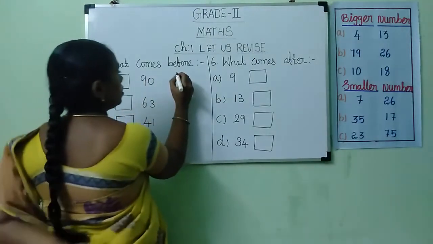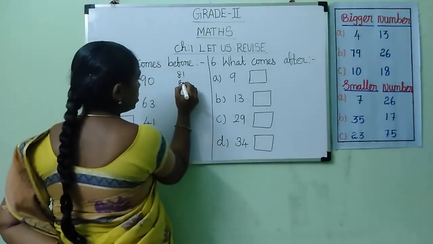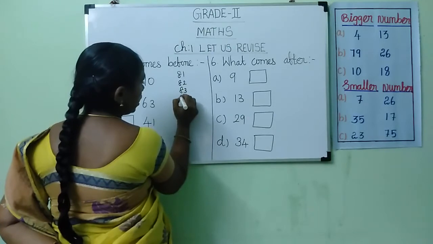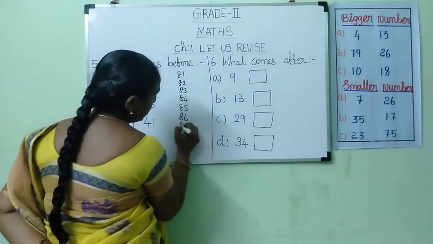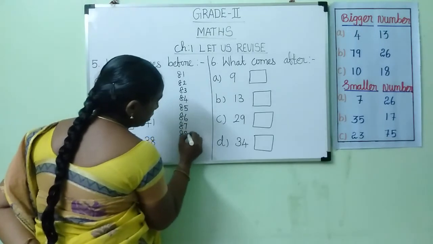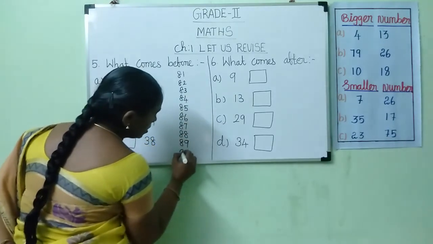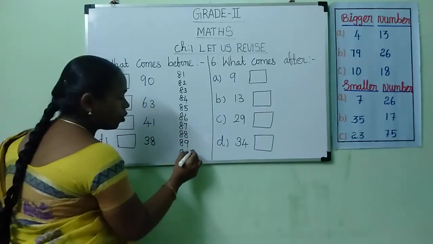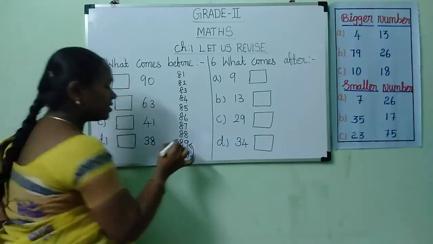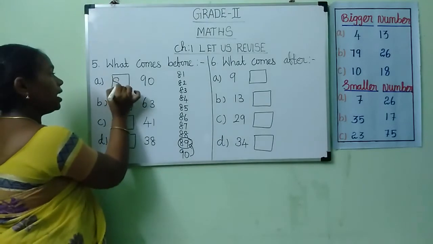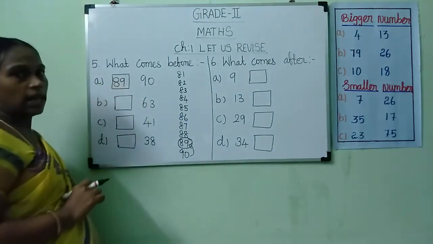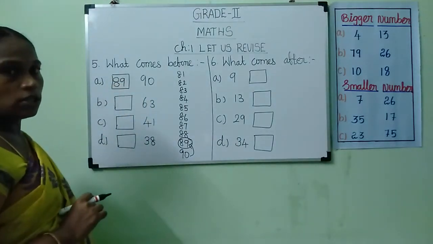See, 81, 82, 83, 84, 85, 86, 87, 88, 89 and 90. 90 before, yes, 89. You should write here 89. Are you clear, children? Okay.